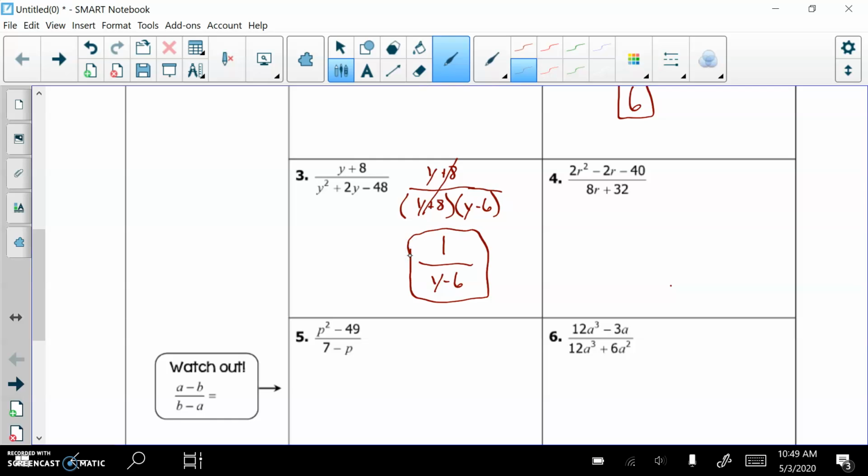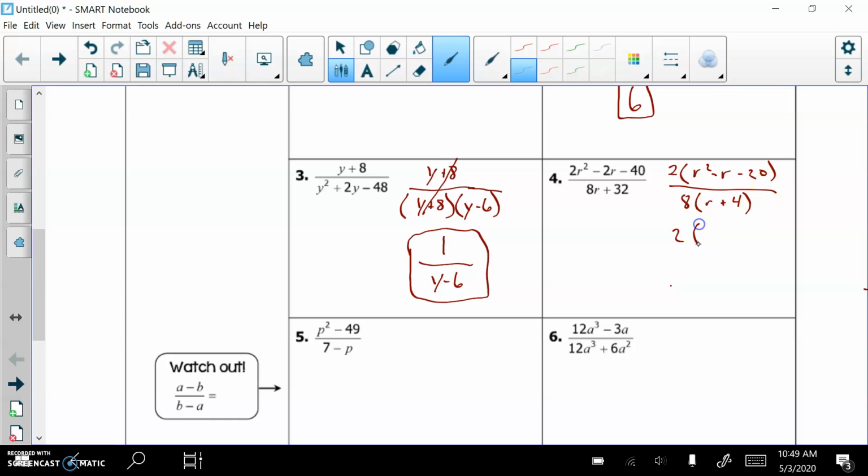Over here on number 4, lots of factoring to happen here. First, we want to factor out our constant, r squared minus r minus 20 over 8 parentheses r plus 4. And then we once again want to factor the numerator. And one little clue, usually, not always, but usually, they're going to have something that cancels.